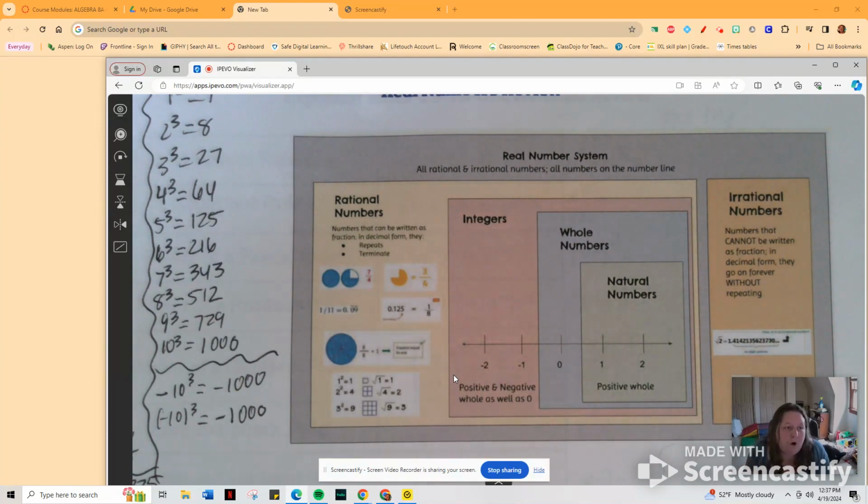So they're positive whole numbers. Then we move into whole numbers, which contains all of the natural numbers, but we add the number 0. Then we move into integers, which includes all of our positive whole numbers and now their opposites, or negative numbers, but they're still whole numbers.